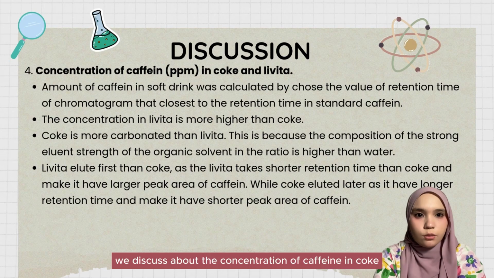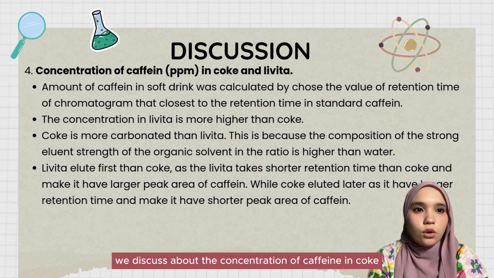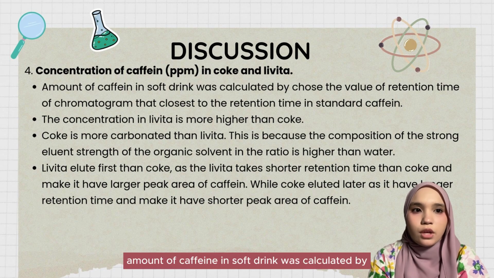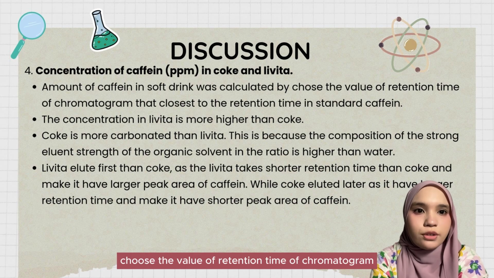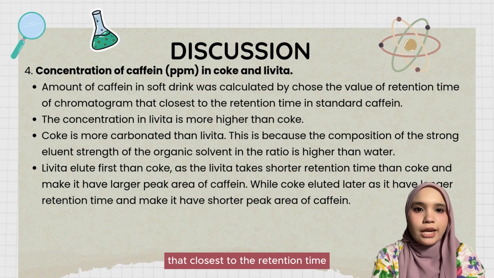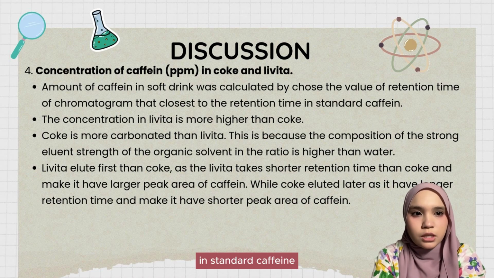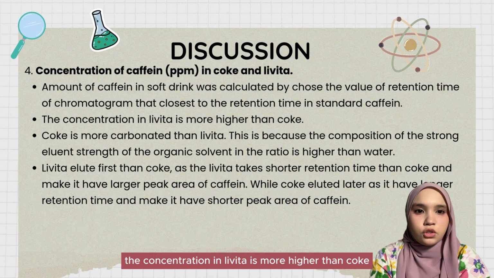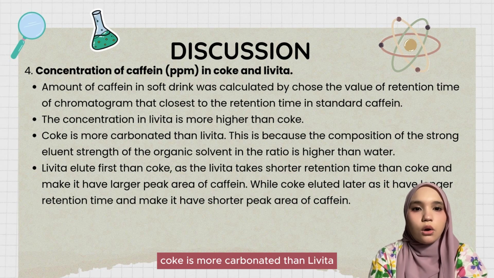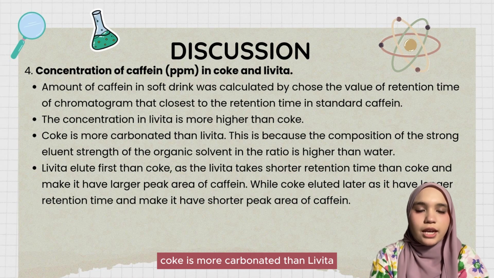And then we discuss the concentration of caffeine in Coke and Levita. The amount of caffeine in the soft drink was calculated by choosing the value of retention time in the chromatogram that is closest to the retention time in standard caffeine. The concentration in Levita is higher than Coke. Coke is more carbonated than Levita.